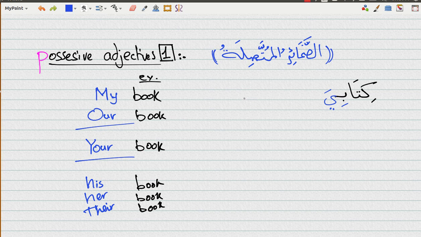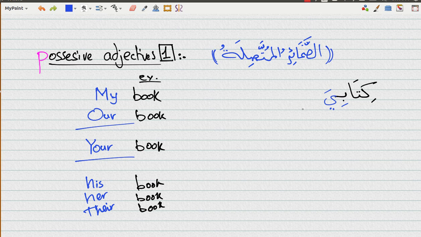So, saying my book in Arabic is كتابية. You add kasra at the ending letter of the original word and you add ya. كتابية. If you're stopping, sometimes you hear it كتابي. So either you hear it كتابي or كتابية.